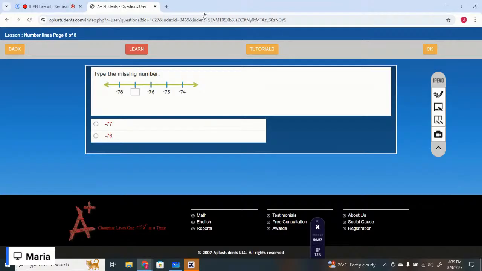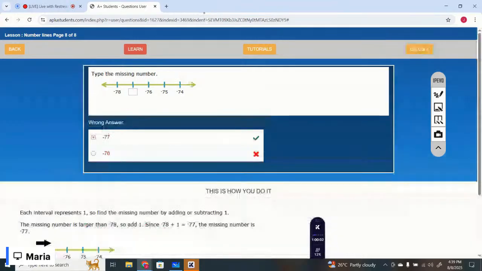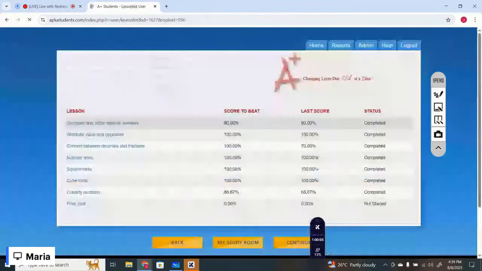The missing number is negative 76. Option number 2 is the correct option. Okay, complete the lesson yourself later today.